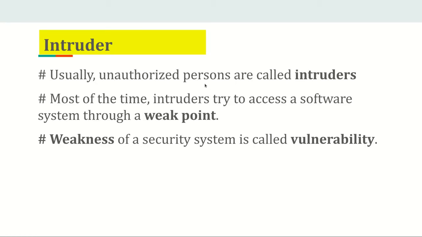Intruder. Usually unauthorized persons are called intruders. Most of the time, an intruder tries to access a software system through a weak point. If the software has weak points, they can access the software or data easily.